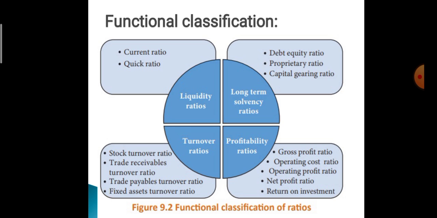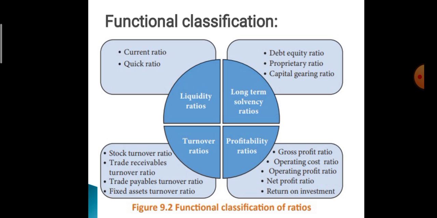So coming to the proprietary ratio. What do we mean by proprietary ratio? It expresses the relationship between net worth and total assets. A high proprietary ratio is indicative of a strong financial position of the business. The higher the ratio, the better it is.